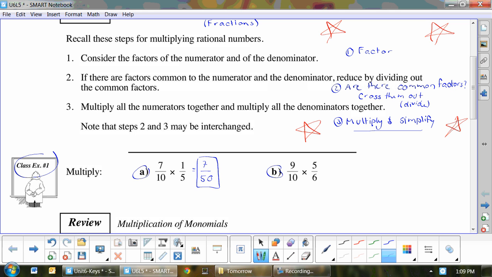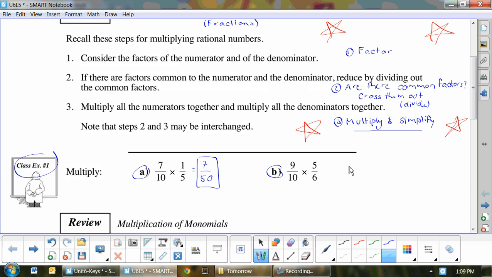So if we do B now, same thing. We can't really factor these numbers, but let's see, are there any common factors? One of the nice things about multiplying is instead of just looking for factors within one rational expression, like we have to do with adding and subtracting, you can look for factors anywhere on the top and anywhere on the bottom.